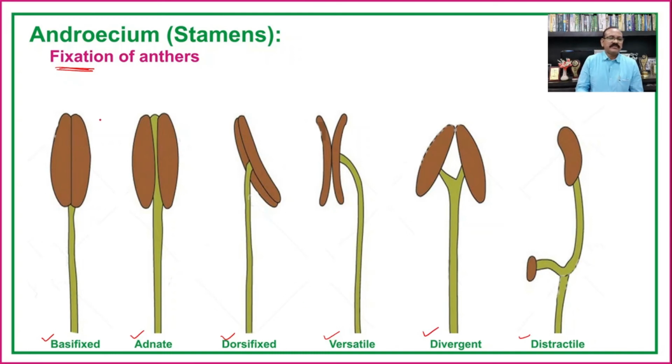Here, if you see, this one is the anther, this one is the filament, and this is the joint, known as the connective, which we have already studied in the lower classes. So, if the filament is attached to the anther at its base, then this attachment of the anther to the filament is known as basifixed.